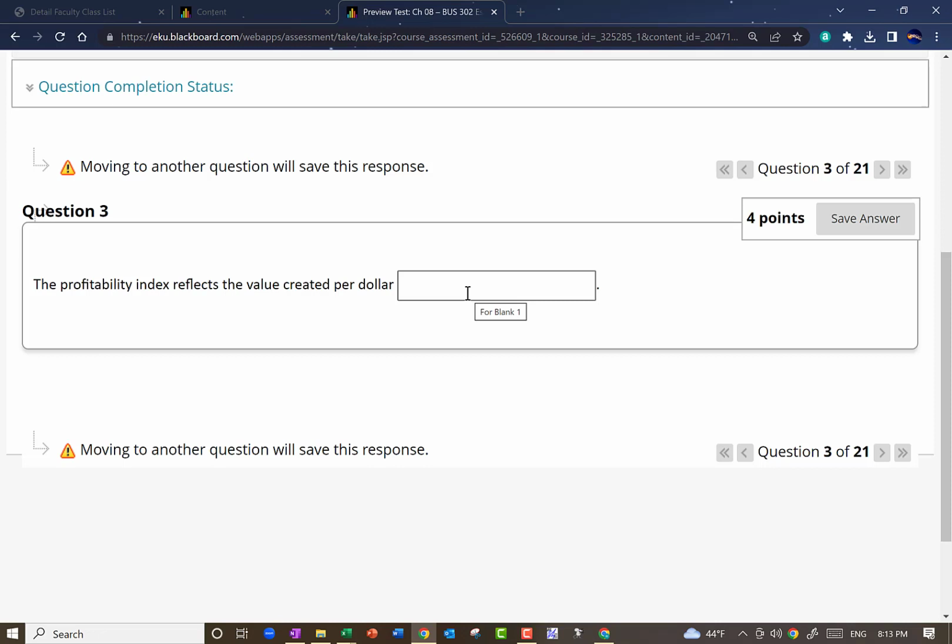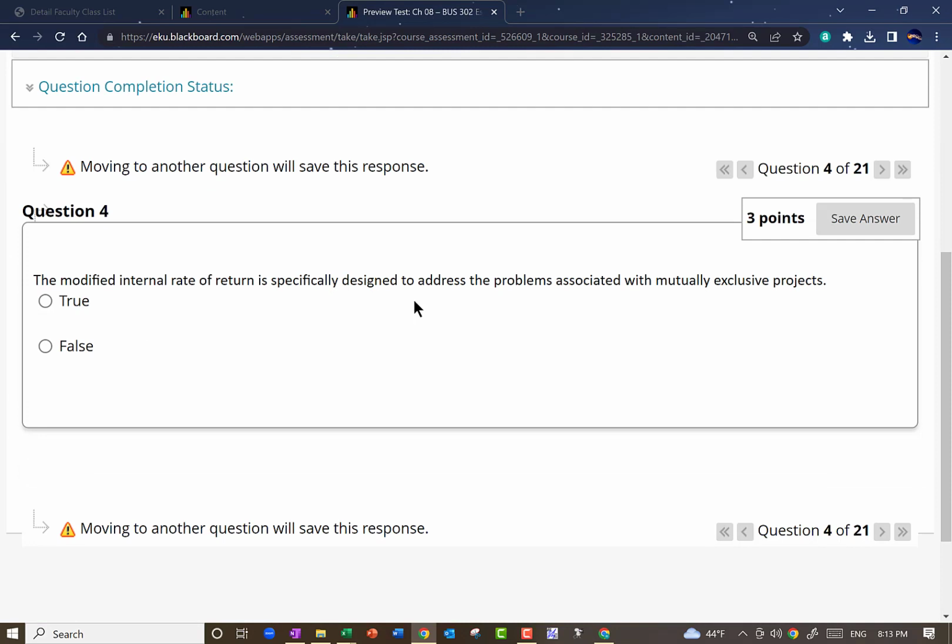Cost of project per dollar invested. The modified return mutually exclusive projects: false. It has nothing to do with that.